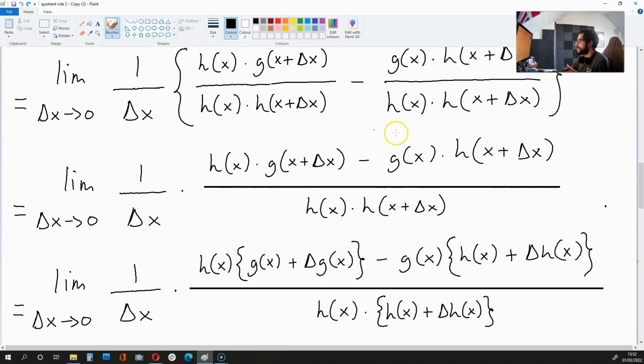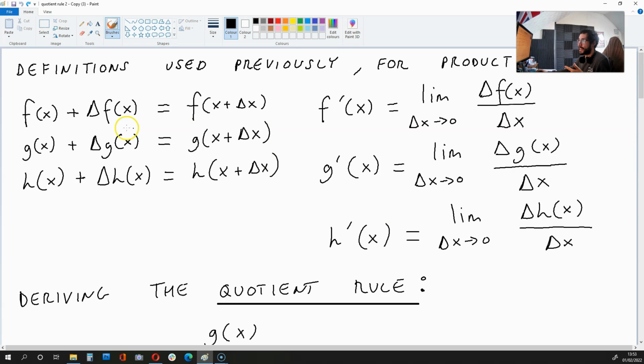So at the moment, we're over here. And what we're going to do is transform g(x plus change in x) and h(x plus change in x), also the h(x plus change in x) over here. We are going to use the definitions up here to make those transformations.